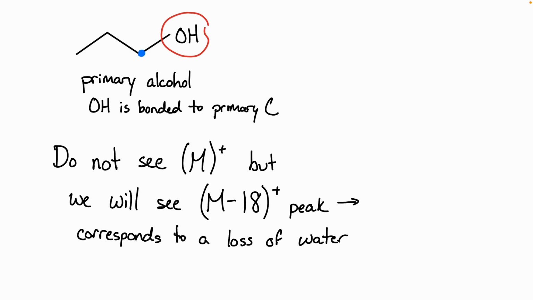So it comes off as water. So for primary alcohols, you almost never see that molecular ion peak, but you do have a nice big peak at M minus 18. So the peak that you do see, you add 18 to it, and that would give you your molar mass of your compound. Okay? That's for our primary alcohols.